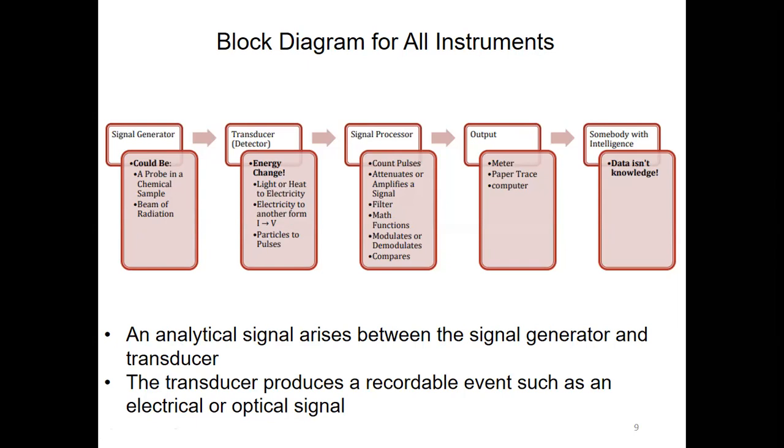And don't worry about the transducer part right now. You will understand more when we do the transducers. What you have to know is that any instrument should contain these basic components. So that is the block diagram for all instruments.